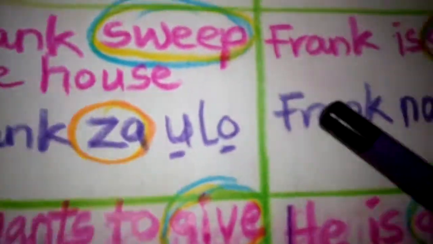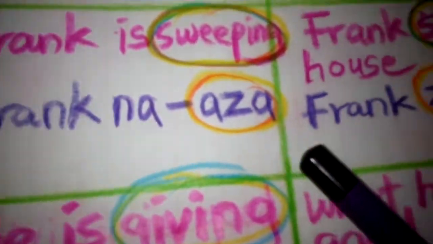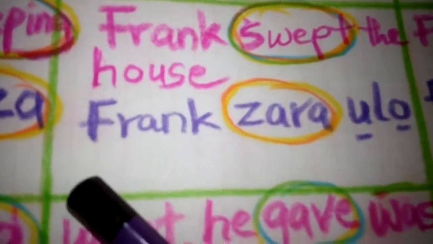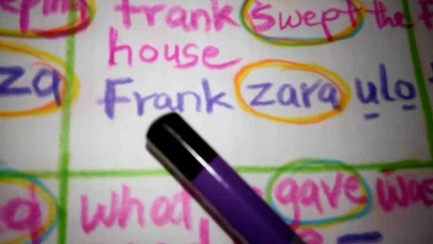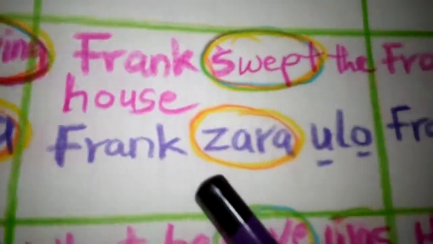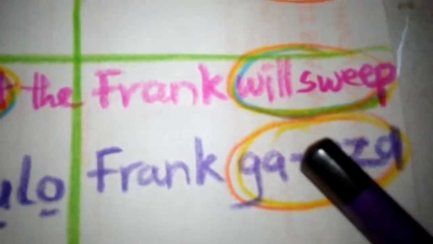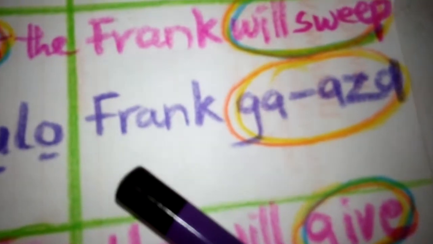Frank zaa ụlọ. Frank is sweeping the house. Frank na-aza ụlọ. Okay? Frank swept the house. That's past tense. Yesterday, Frank swept the house. Frank zara ụlọ. Frank will sweep. That's the future. Frank will sweep the house. Frank ga-aza ụlọ. Okay?